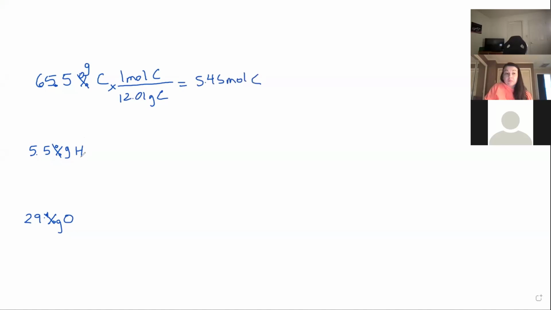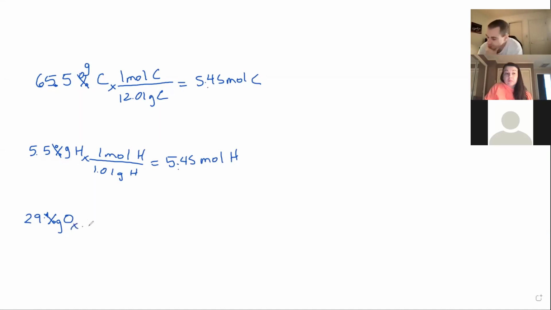of carbon. The next one, I have 1 mole of hydrogen is equivalent to 1.01 grams of hydrogen. So we end up with 5.45 moles of hydrogen. I like this because this and this are the same decimal. So hopefully we end up getting something close.